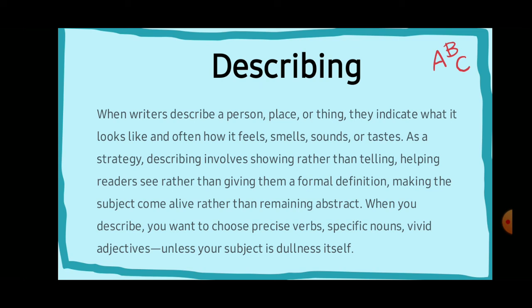So making the subject come alive rather than remaining abstract. As a writer or a speaker, we can use description in many kinds of assignments or in profiles of people or places, in order to provide a key to their essence.